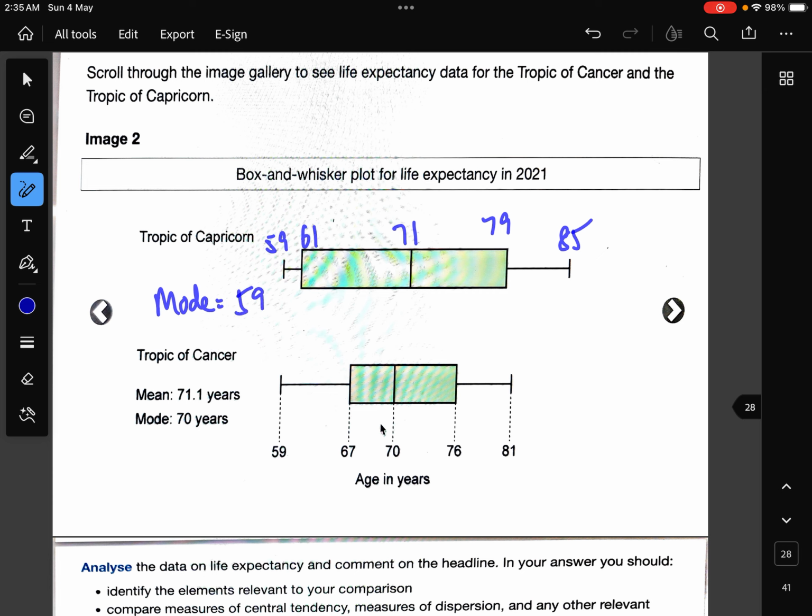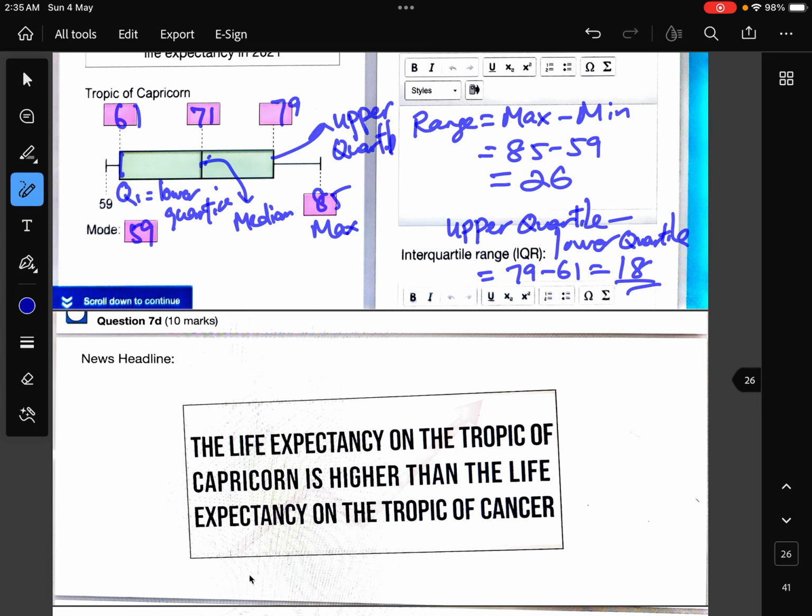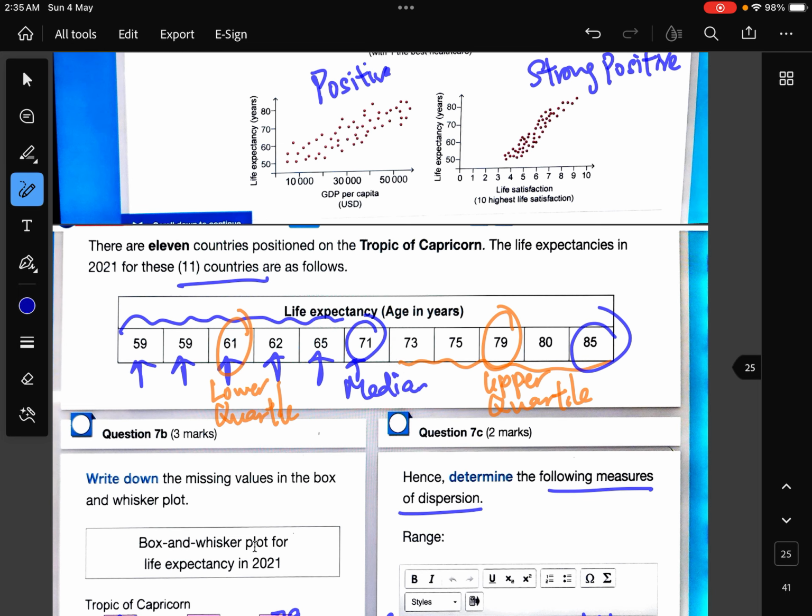Okay, and we could also find out what is the mean if we want to, because we do have the data here as well. So we could have taken all the numbers that we have here, basically adding up the numbers, and we will divide this by 11. So we could do that in this case.